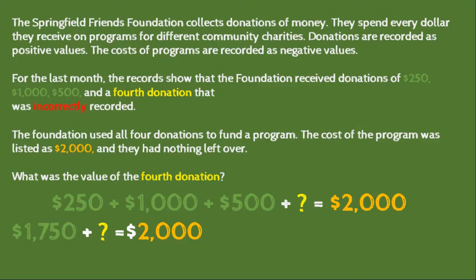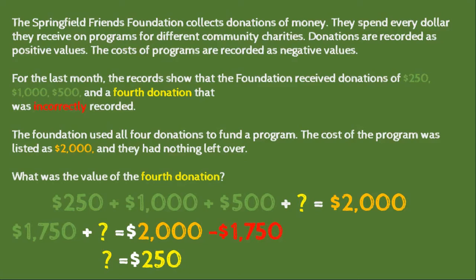To figure out what that fourth donation is, all we have to do is subtract $1,750 from $2,000. $2,000 minus $1,750 equals $250. So the fourth donation, which we didn't know, is $250.